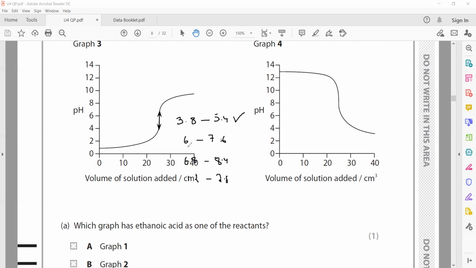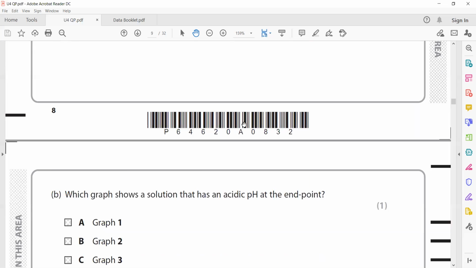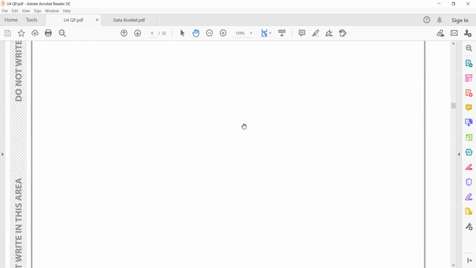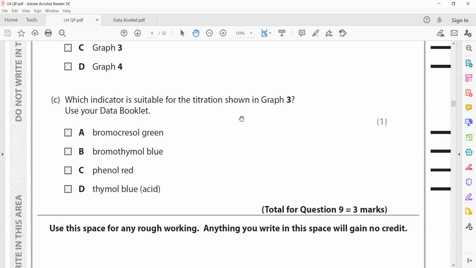So A is suitable. 6 to 7.6 is there, but 7.6 is not, so it cannot be used. 6.8 to 8.4 is out of range. And 1.2 to 2.8 is also out of range. That's why A was the right answer for this one.